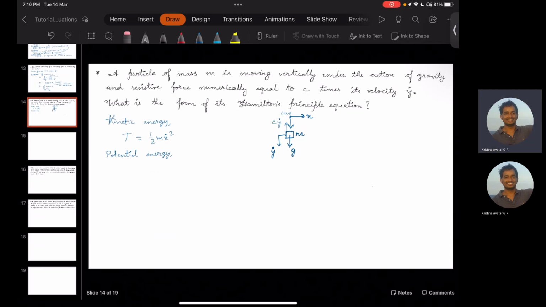Now the potential energy V is equal to mg into some distance, right? But then you'll ask me, why is the potential energy decreasing as the body falls down?